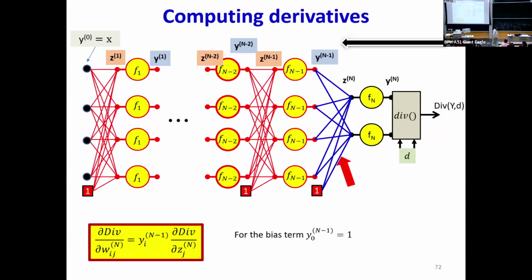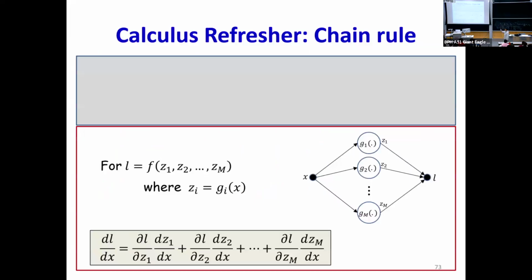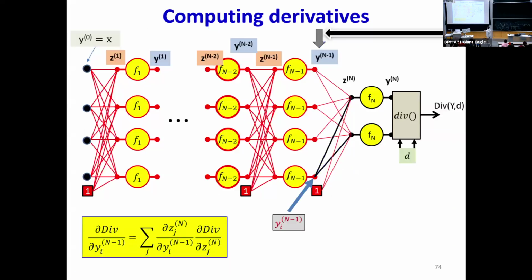Now, I'm going to use another rule: if L is a function of x through many branches, then to compute the derivative of L with respect to x, I have to sum over all the branches. So here, this y influences the divergence, but it's influencing it over many outgoing paths. y influences all of the z's, and all of the z's influence the divergence.